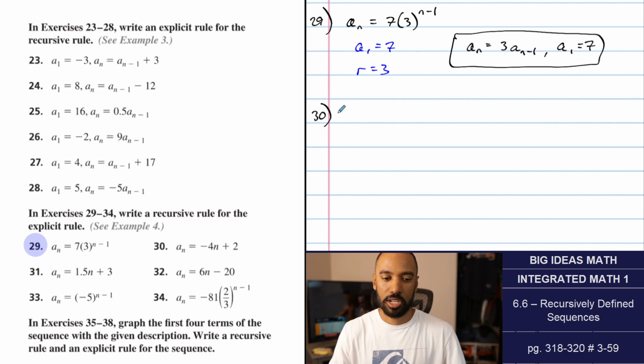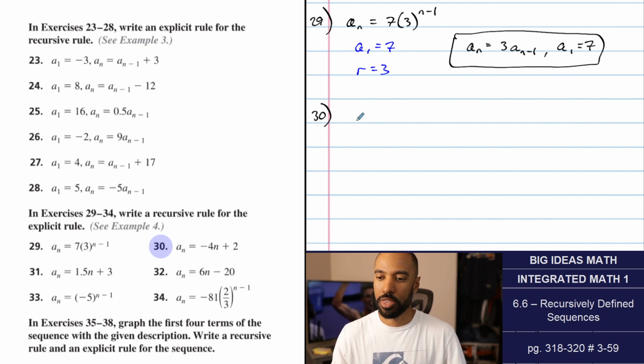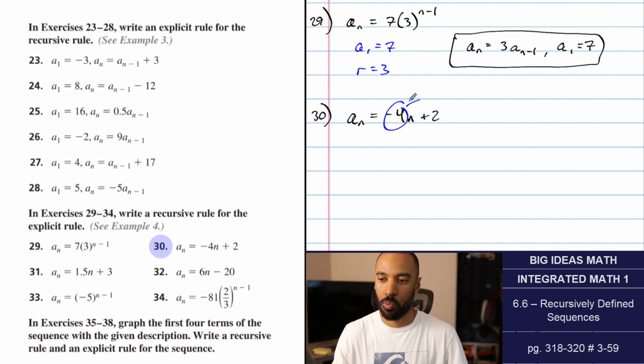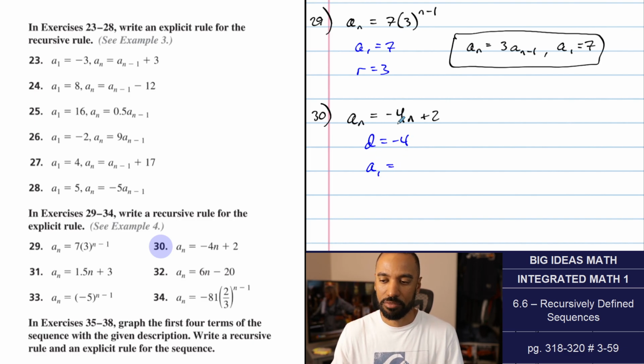Now 30 is a little bit trickier because it is an arithmetic sequence, but more so its explicit rule is simplified. That means that although I am looking at right now the common difference in negative 4, yes, the number multiplied by n indicates what you do to your values there. So that is your d value. Let me write it down below actually. Common difference is negative 4. Your first term, you actually have to substitute 1 into here to figure out what it is.